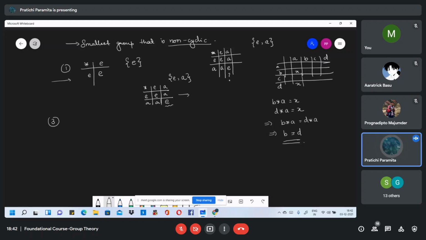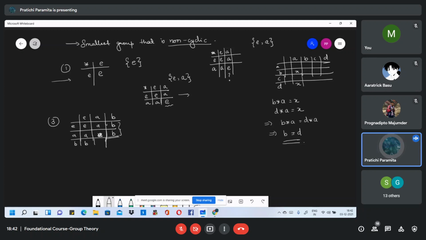Again, for 3, if I have to check, for 3 elements E, A, B, easily I can fill this. Suppose this is A. Now this entry can either be E or B, because I know it can't be A. So suppose I say that this is E, then this will be B, and I get a contradiction that one column has two same entries.